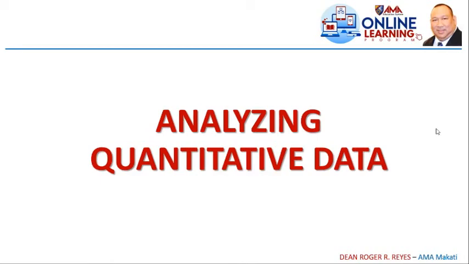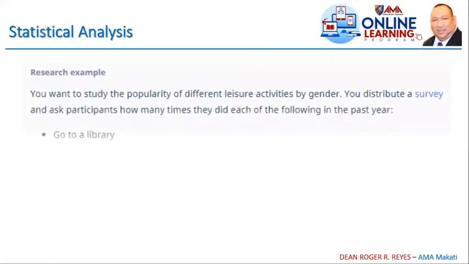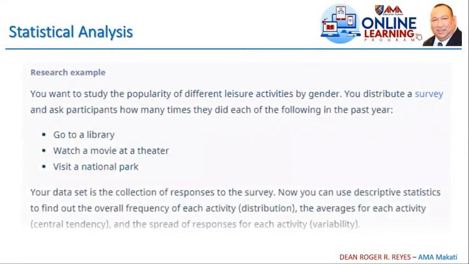So let us start with analyzing quantitative data. For example, you want to study the popularity of different leisure activities by gender. So you distribute a survey and ask participants how many times they did each of the following in the past year: go to the library, watch a movie at the theater, or visit a national park.